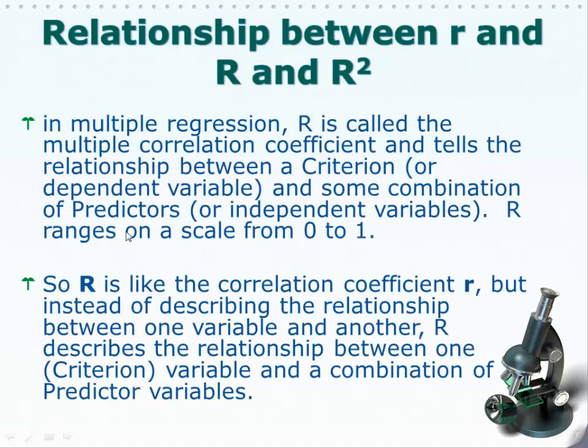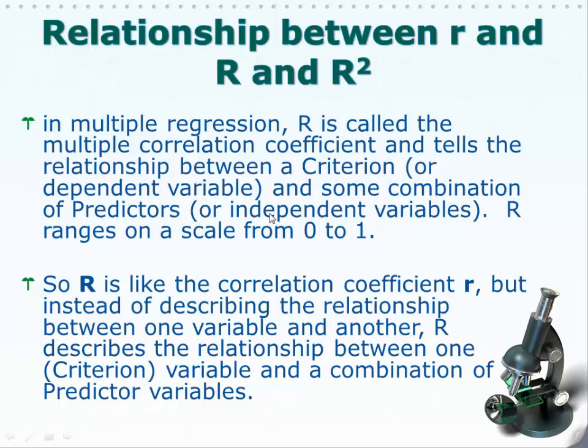So we talk about the correlation coefficient R, small r, and the capital R and the R squared. In multiple regression, capital R is called the multiple correlation coefficient. Just like small r, the correlation coefficient, it tells you about the relationship between variables.